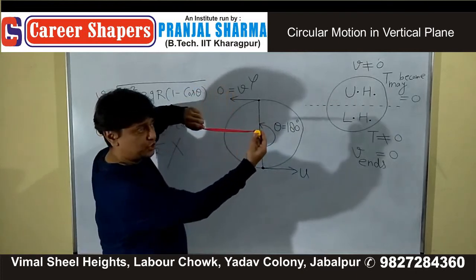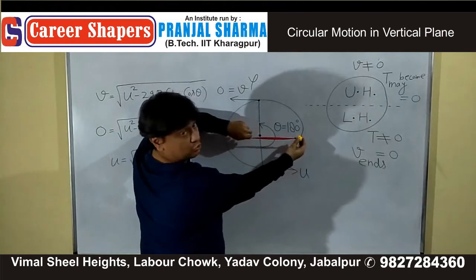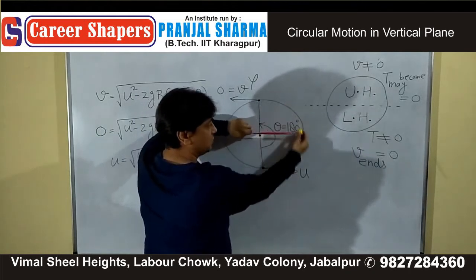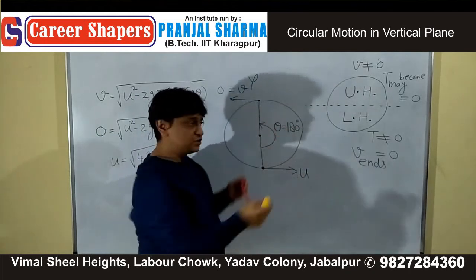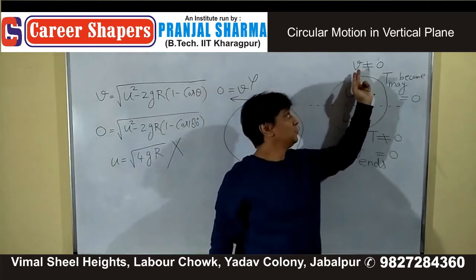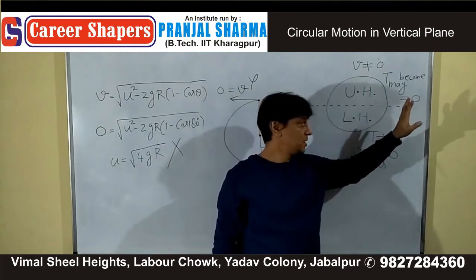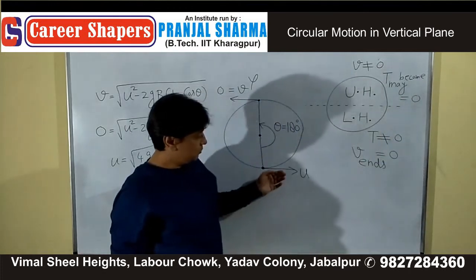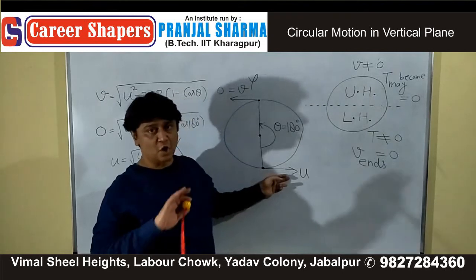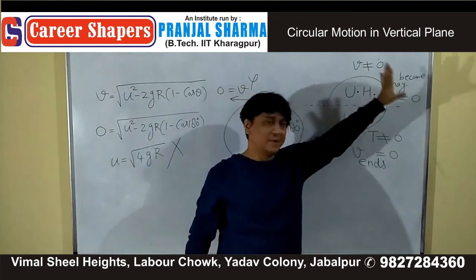If u is root 2gr, it will reach the 1/4 mark. If u is more than root 2gr, it will cross this 1/4 mark. Once it crosses 1/4 mark and reaches upper half, V can never be 0. But if velocity at the lowest point is not sufficient enough, then tension force will become what?